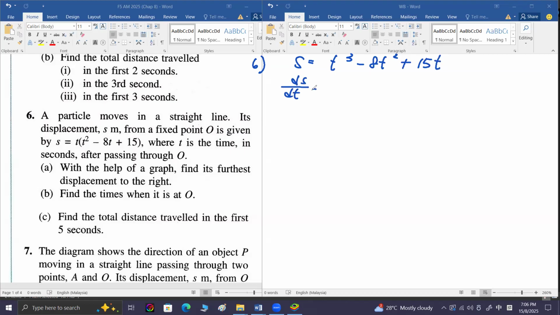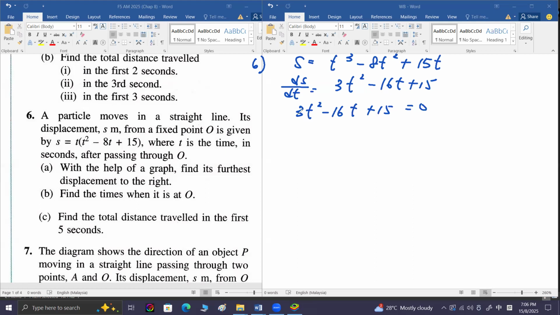Only we can see the maximum or the minimum one, yeah? So when ds/dt is 0, the maximum or minimum value, so you apply like this. Okay, so you factorize with a calculator, remember?